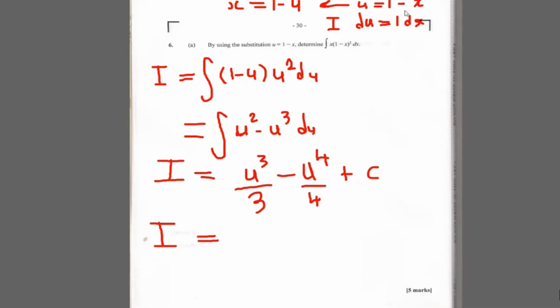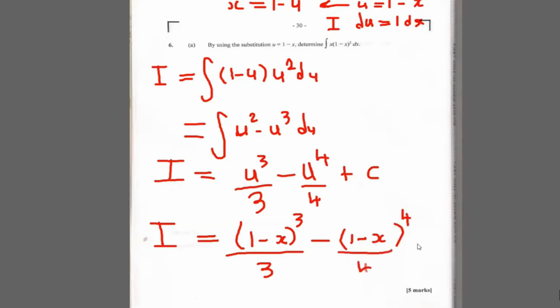We resubstitute back what was u, which was 1 minus x, all cubed, divided by 3, minus, in bracket, 1 minus x to the 4, divided by 4, plus some constant c. Nice and easy.